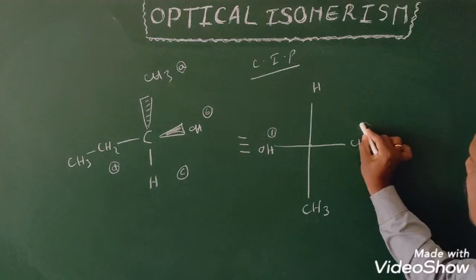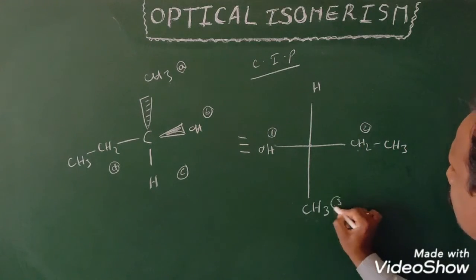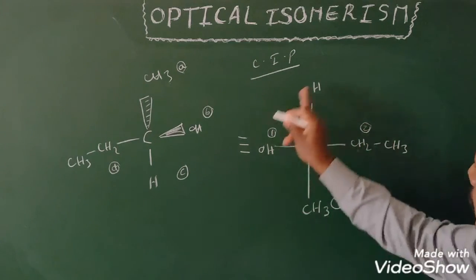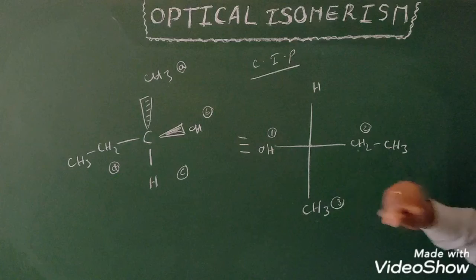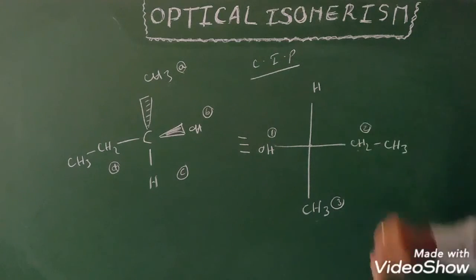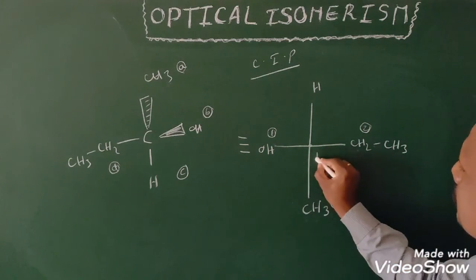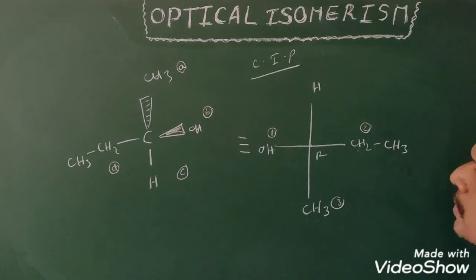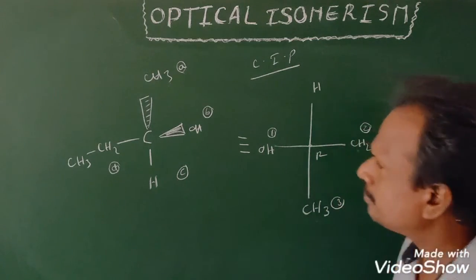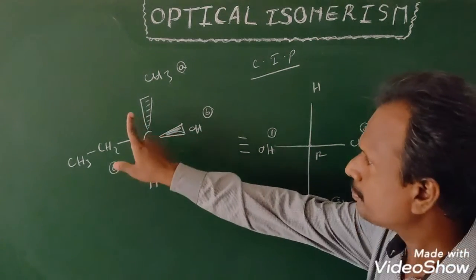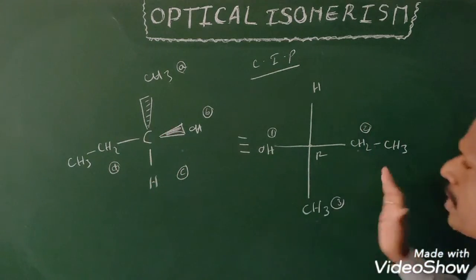It is 3. 1, 2, 3 are in clockwise. In Fischer projection, each atom is in vertical, then for clockwise, the chiralities are as per the rule. This is the simple trick to convert wedge-dash projection to Fischer projection.